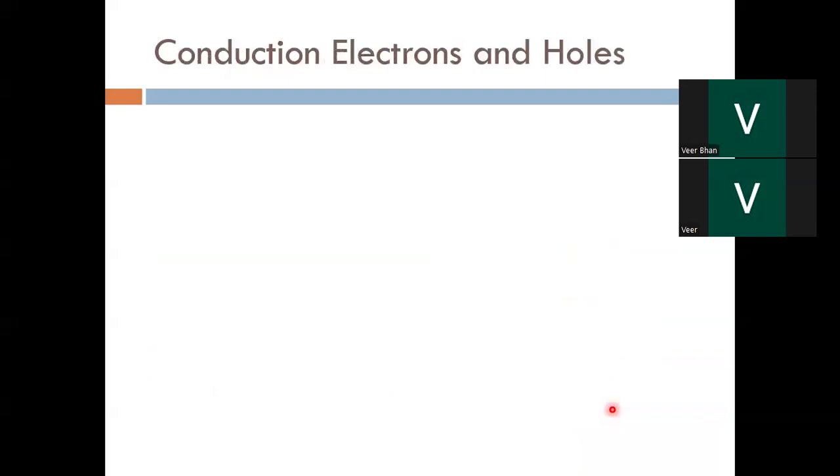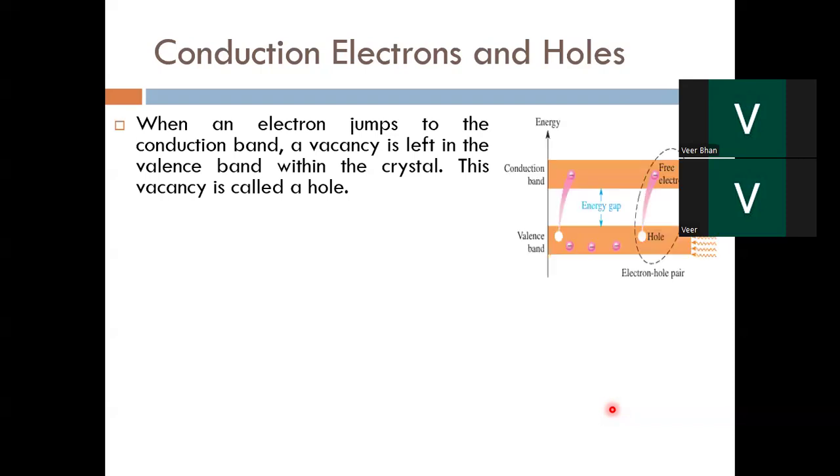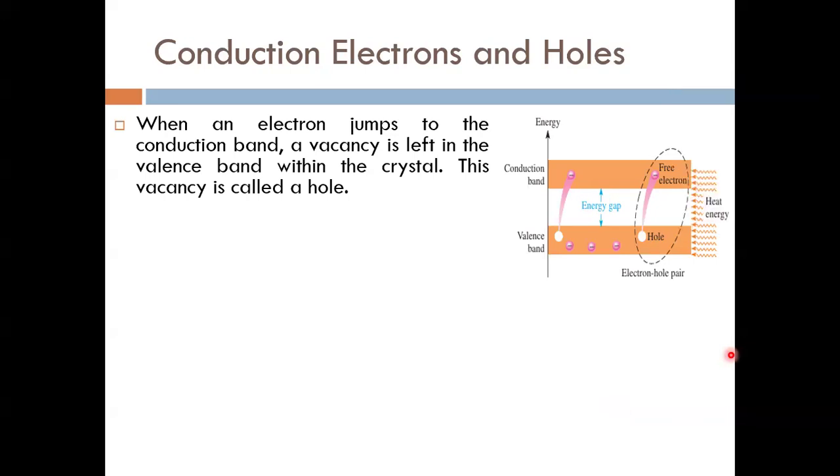Now let's try to understand how these conduction electrons and holes are created. So initially, when an electron jumps to the conduction band, a vacancy is left in the valence band within the crystal, where it has left its empty space, and that vacancy is called a hole, as we can see from this figure.